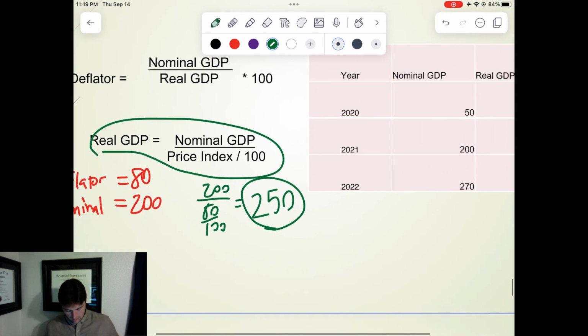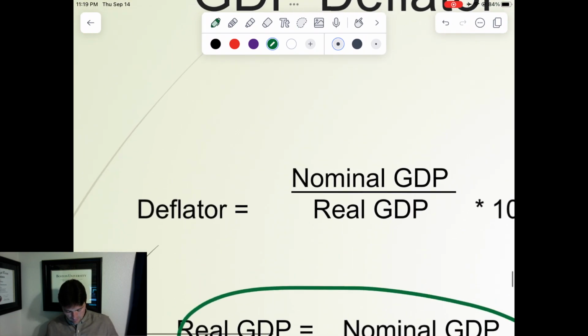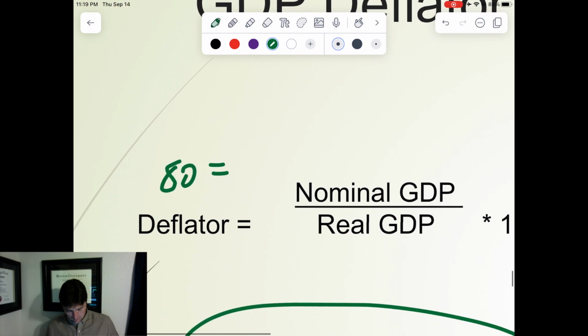If you're wondering, is that the case? Let's go over here. This is 80. Then we have nominal, which is 200, divided by x multiplied by 100.